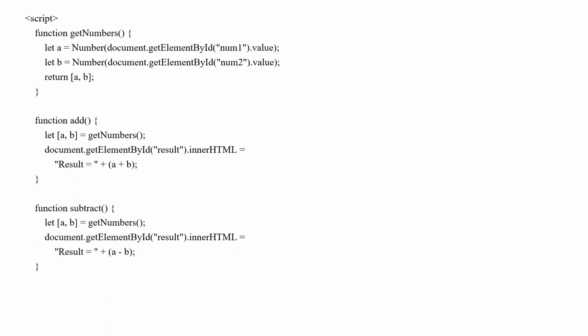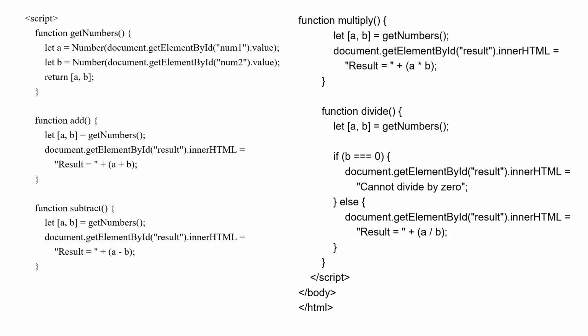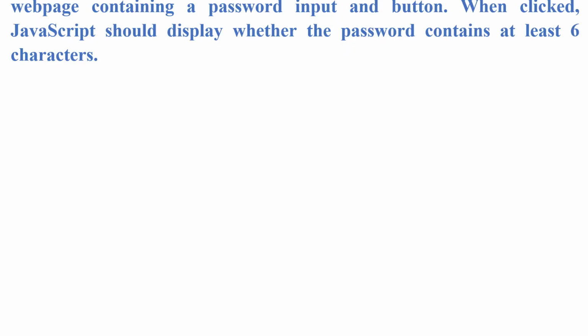The script is written here for getting the 2 numbers, A and B. Then add the numbers, A plus B; subtract, A minus B. In this way, a separate function is written for each of the different arithmetic operations, multiply and divide.